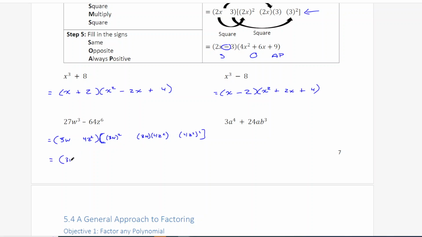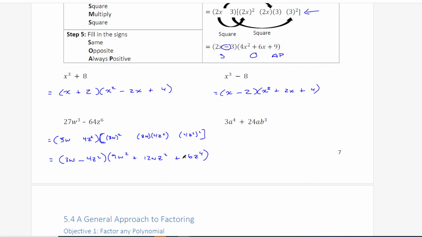Well, this bracket would have a 3w and a 4z squared. And then my second bracket would be 9w squared, 12wz squared, and then 16z to the 4. Then, same, opposite, always positive. It's gross, it's weird, but it's a process that you can do, okay?